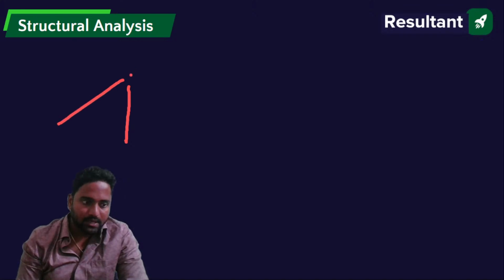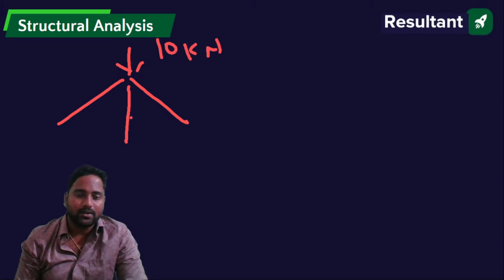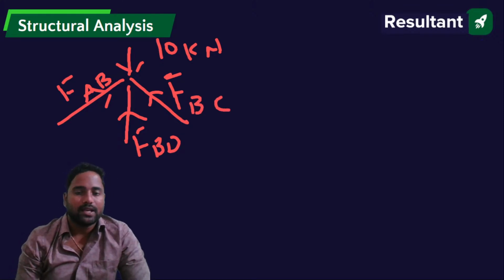So a 10 kilonewton load is acting over here, and let us say this is FBD, this is FAB, and this is FBC. So this is the idea.